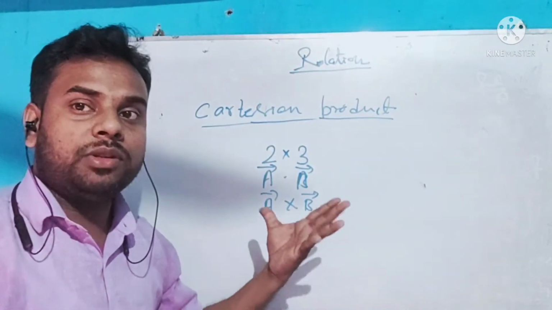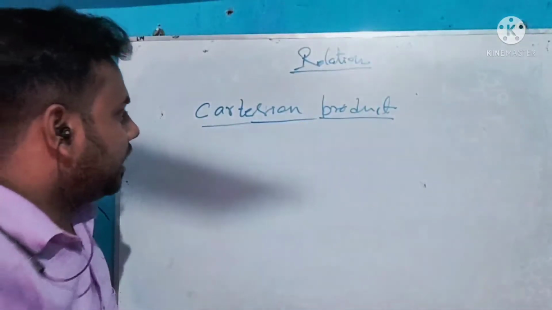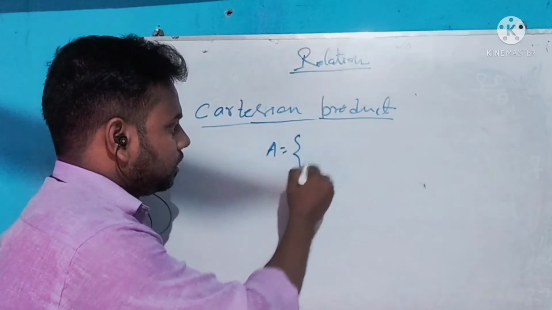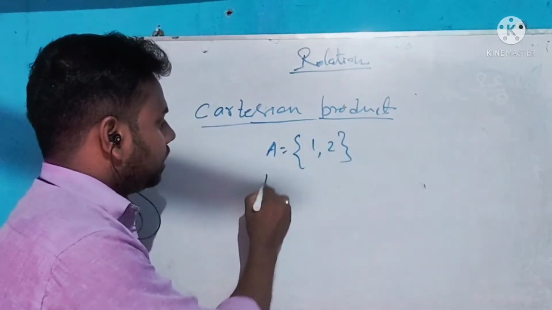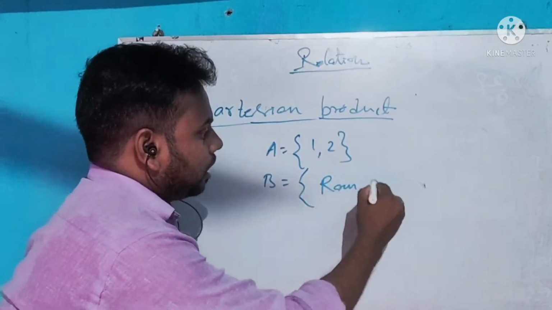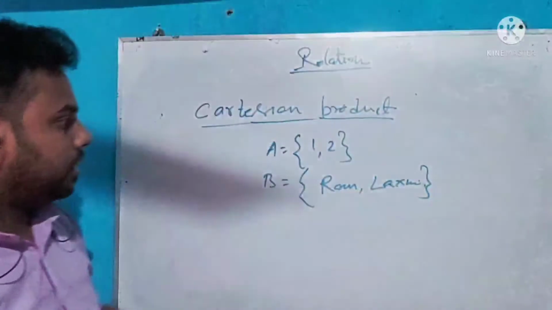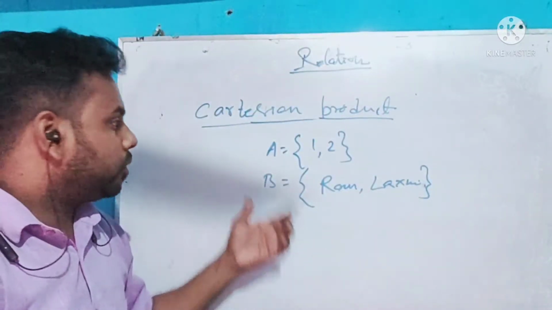So let's see how we multiply two sets. Suppose we take two sets: A is {1, 2} and another set B is {Ram, Lakshmi}. We have to take the product of these two sets.